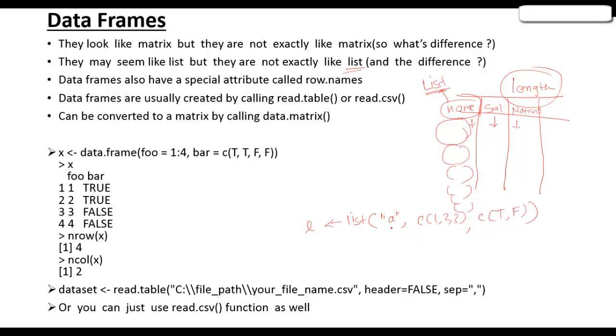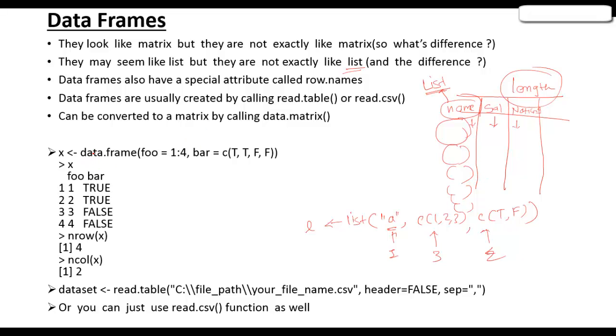So my first element has a length of 1, this is having a length of, let's say, 3, and this has a length of 2. But when we are declaring this as a data frame, it expects us to have a combination of columns of the same length.